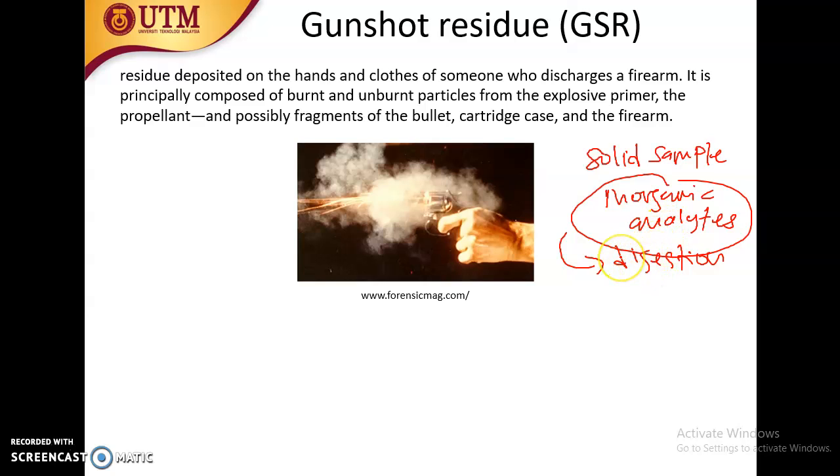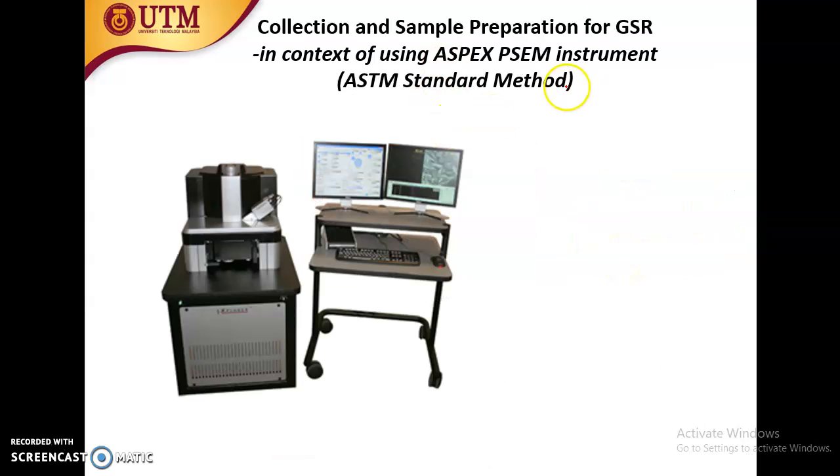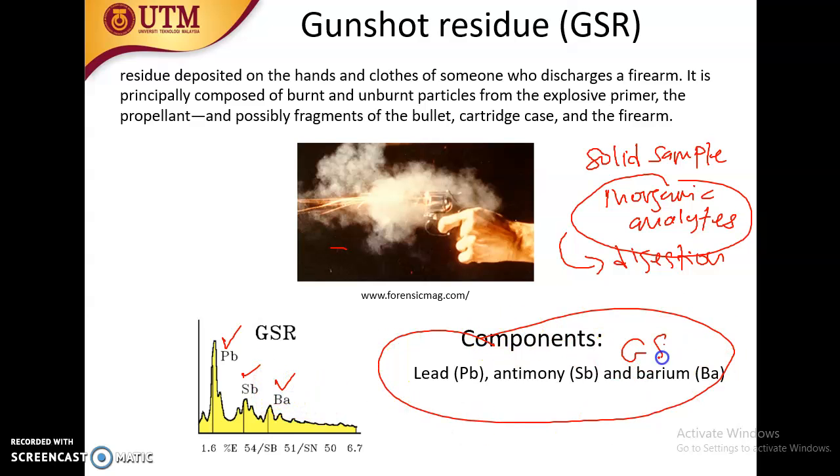That is where we have what we call scanning electron microscopy, and it can also attach to EDX. EDX is energy dispersive X-ray. And the spectrum you will get is something like this. You can get lead, antimony, and barium, which are the components for GSR.